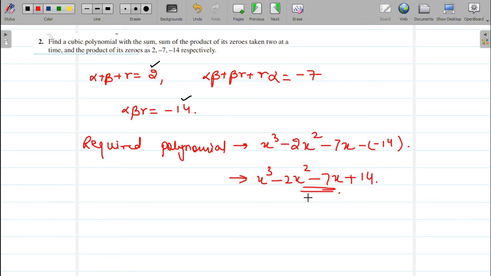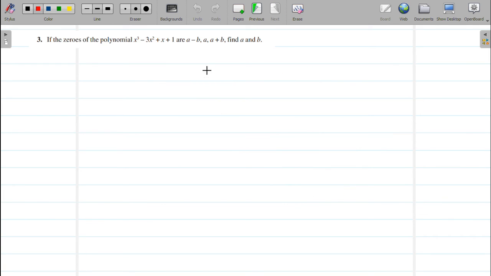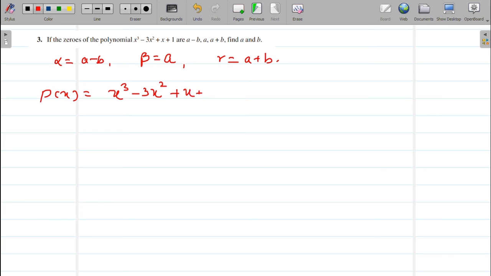Another type of question which can be asked here is, if the zeros of this polynomial are a minus b, a and a plus b, find a and b. So all my relationships are still there. My alpha is equal to a minus b, beta is a, and gamma is a plus b. The polynomial is px equal to x cube minus 3x square plus x plus 1.